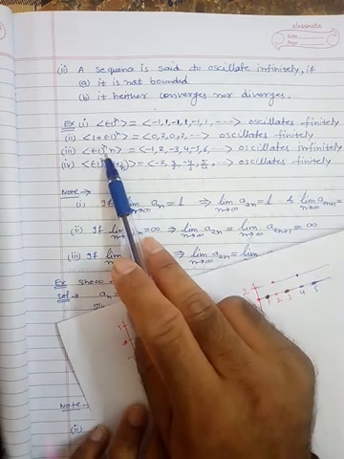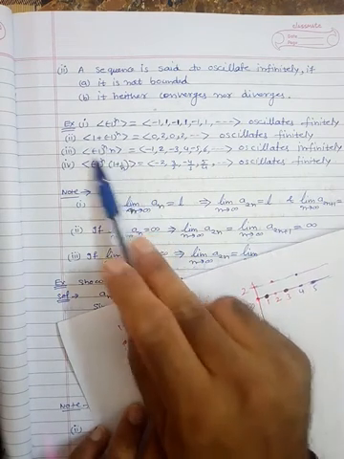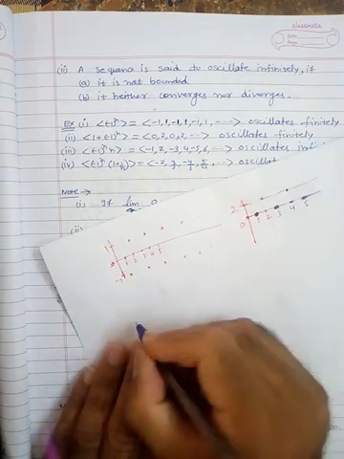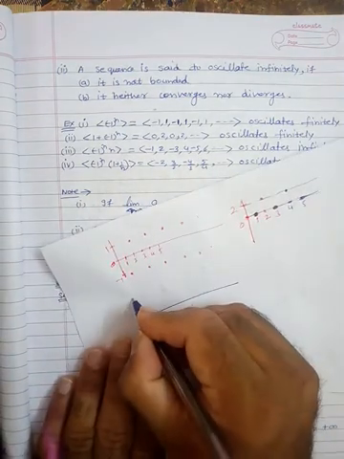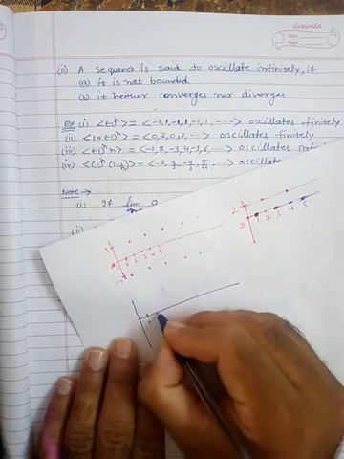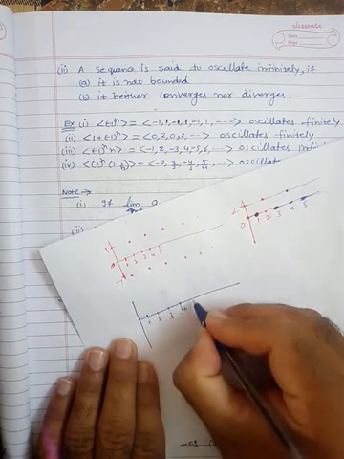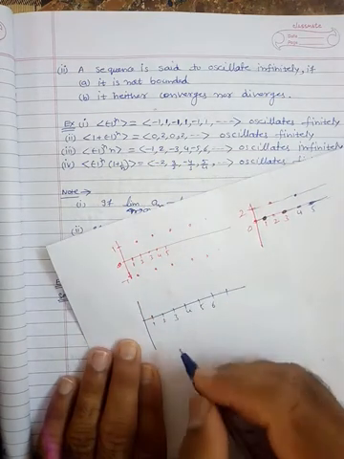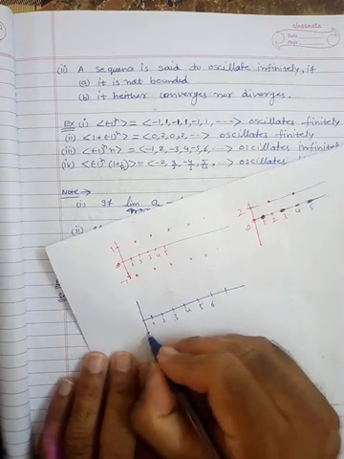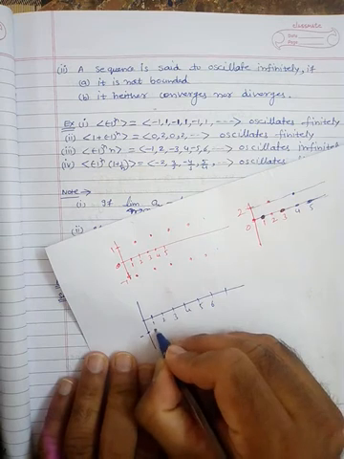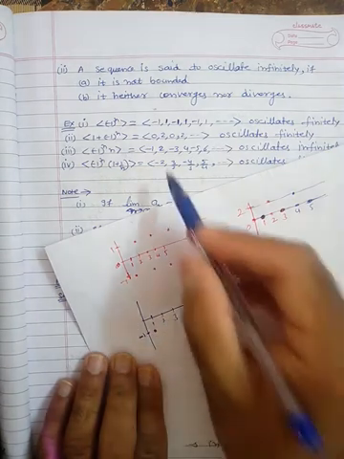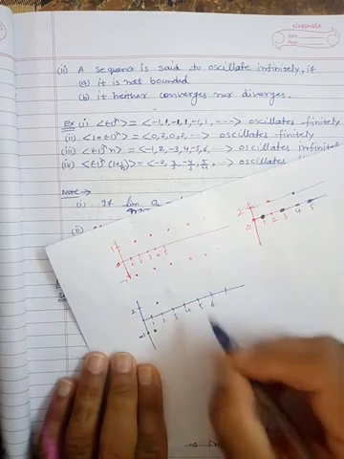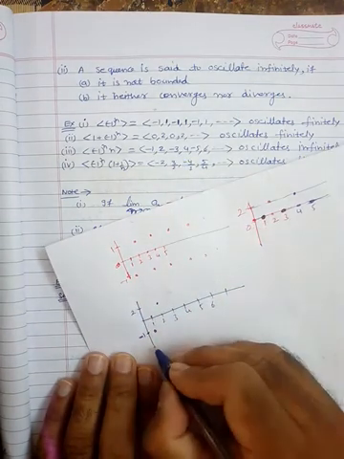In the next example, (-1)^n n. When you expand this, put n equal to 1, we get -1. Put n equal to 2, we get 2. Put n equal to 3, we get -3, and so on. So you will see that we have this kind of pattern. Here is 1, 2, 3, 4, 5, 6, and so on. For n equal to 1, we have -1 here. Put n equal to 2, we get 2. Put n equal to 3, we get -3.